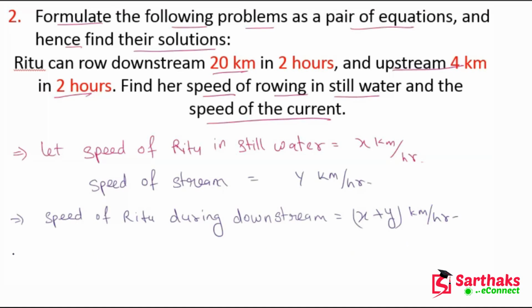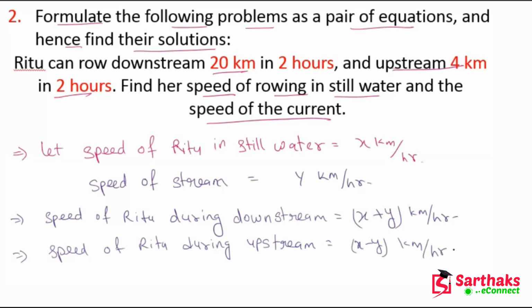Okay, and the speed of Ritu during upstream will be x minus y kilometer per hour. Now the question comes: why x minus y and why x plus y?